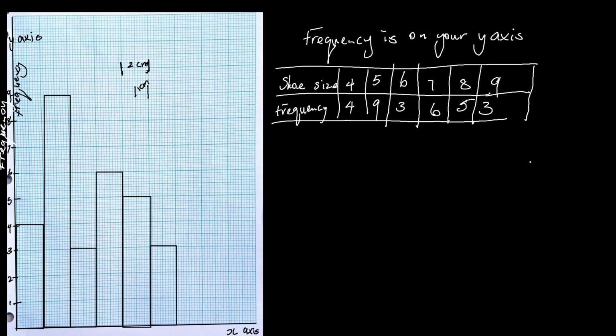So each box that you have, the size is 2 centimeters. So you draw a histogram. It represents the shoe sizes.